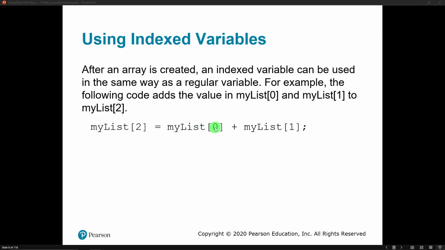I can take myList sub 0, and it will get the value out of the 0 compartment, the 0 index of myList, and the value out of the index number 1 compartment, and it will add those two together and store them in myList sub 2 if I wanted to do that. So using variables with indices on them for an array is no different than using any other variables.